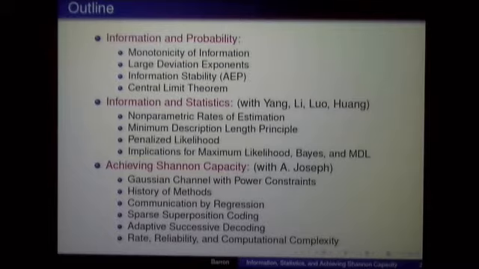Now, in information and statistics, there are 2 main things I want to discuss. One is to what extent are the fundamental limits of statistics determined by information quantities, just as they are determined in communications. The data compression limits and the channel coding limits are determined by information quantities. Is there a similar phenomenon when it comes to asymptotics of statistical risk? That deals with some minimax rate kind of flavor.